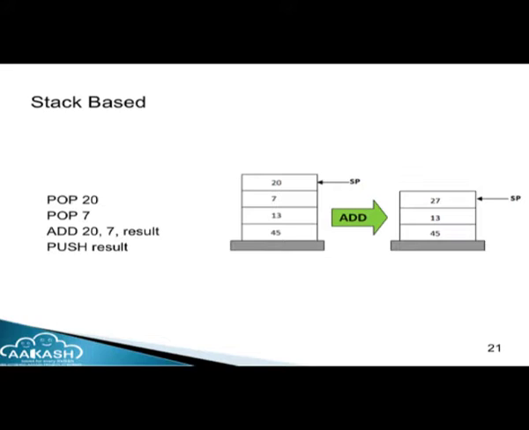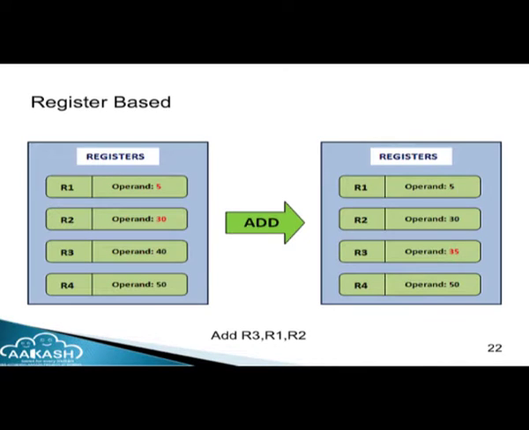So just to add two numbers, I have to follow 4 lines. Whereas in register based, a single line of instruction will do your work. Add R3, R1, R2. R3 is my destination, R1 and R2 are my sources. So add R1, R2 and store it in R3.